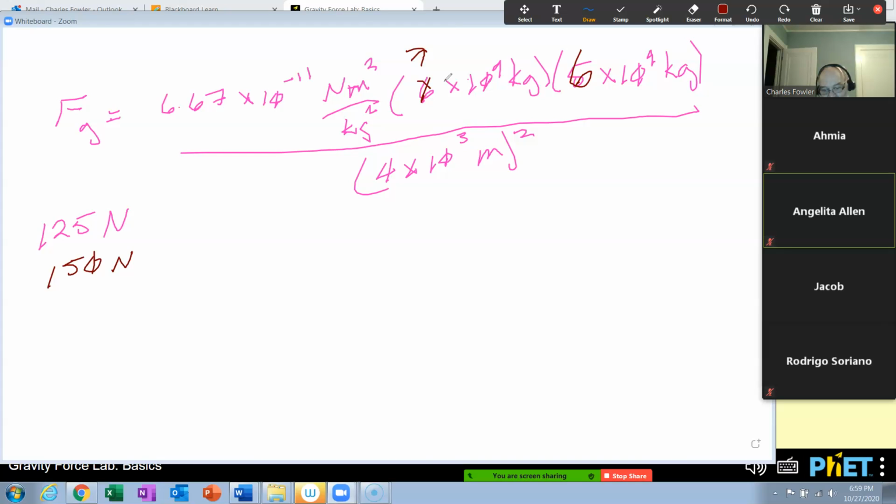6.67 EE 11 negate, times 7 EE 9 times 6 EE 9 divided by, open parentheses, 4 EE3 close parentheses squared, and then press equal.